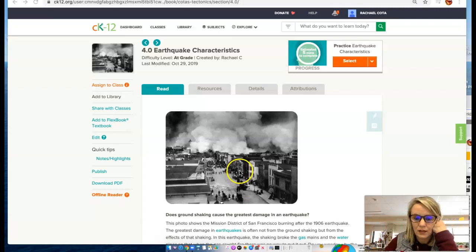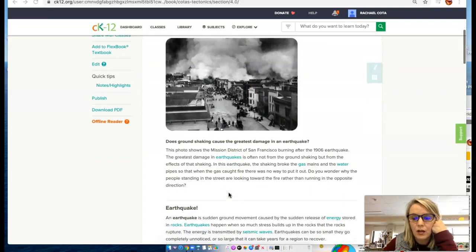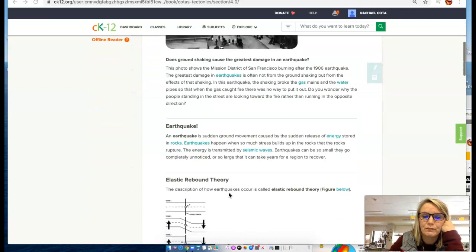What happened in 1906 was the gas lines broke in San Francisco and a huge fire started. Well, when they went to put the fire out, the water lines had also broken, and so that put them in a pretty tricky situation.